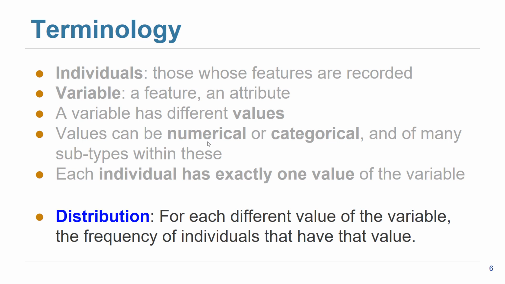We call that the count, sometimes the frequency, of the individuals that have this value. So that's what we call a distribution. For each value of the categorical variable we have a count, how many times that value appeared in the data set. If we have this, then we can use it in a plot to see how the distribution is for that categorical variable.